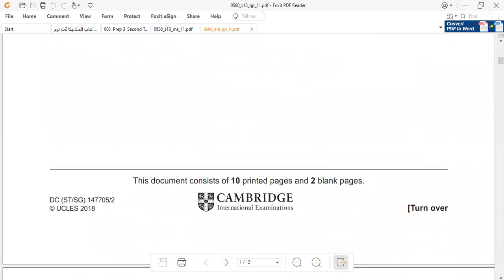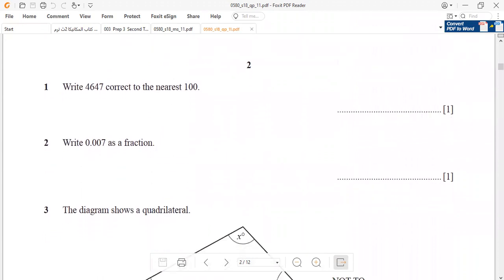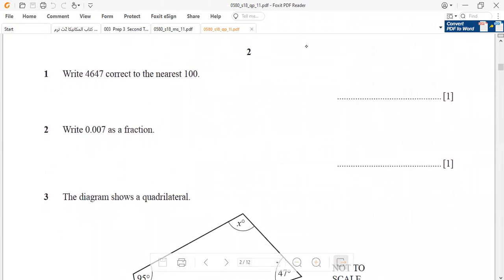Let's go to question 1. In question 1, write 4,647 correct to the nearest hundred. The digit 6 is in the hundreds place value, so we can put a small line below this digit, and we look at the digit to the right of 6.